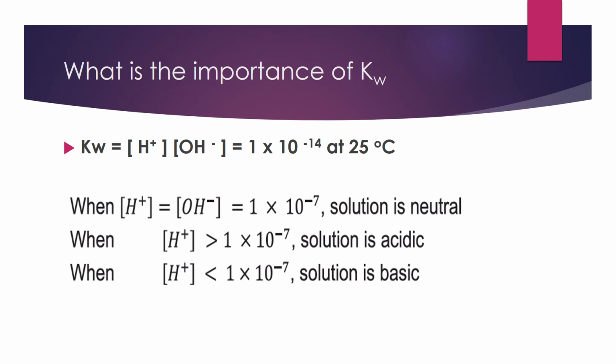But when the hydrogen ion concentration is less than 1 into 10 raised to the power minus 7 molar, this shows that the solution is basic, because in this case the concentration of hydroxide ions will be greater. So when the concentration of hydrogen ions is less, the solution will be basic in nature, and when the concentration of hydrogen ions is greater, the solution will be acidic in nature.